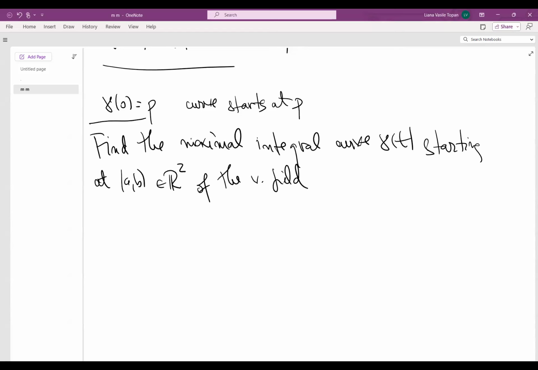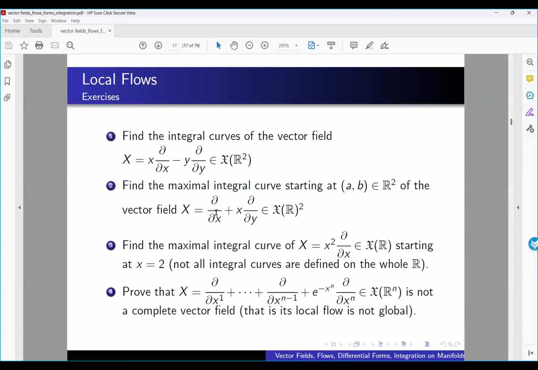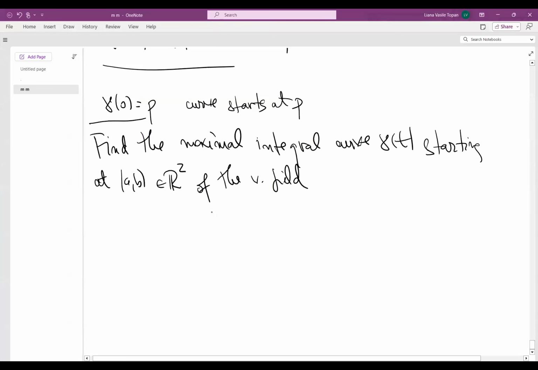Okay, so I forgot the expression of the vector field. It's partial over partial x plus x partial over partial y, so the first component is 1, and the second is x, again a vector field on R squared, right?